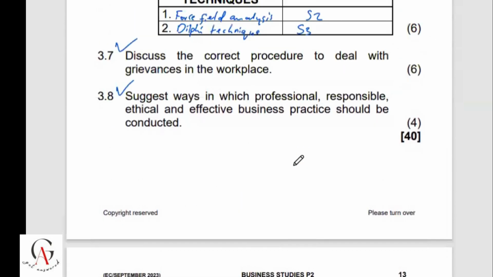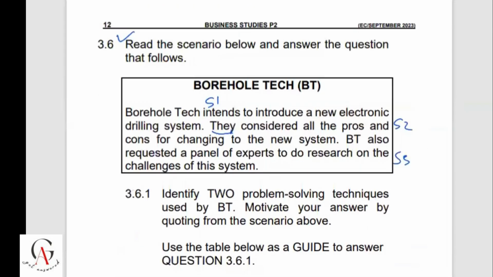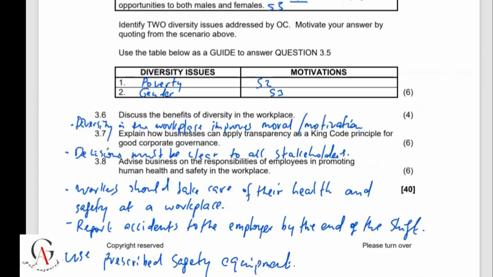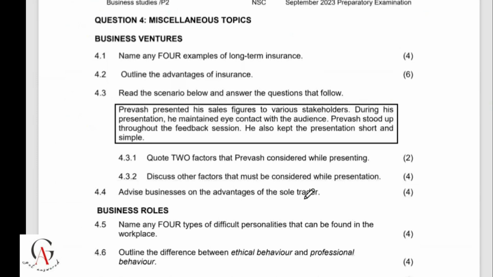So now let's move on to question 4. Okay, right. So now we are on question 4. Remember, question 4 is based on miscellaneous topics. So now it means that question 4 caters for business ventures as well as business roles.